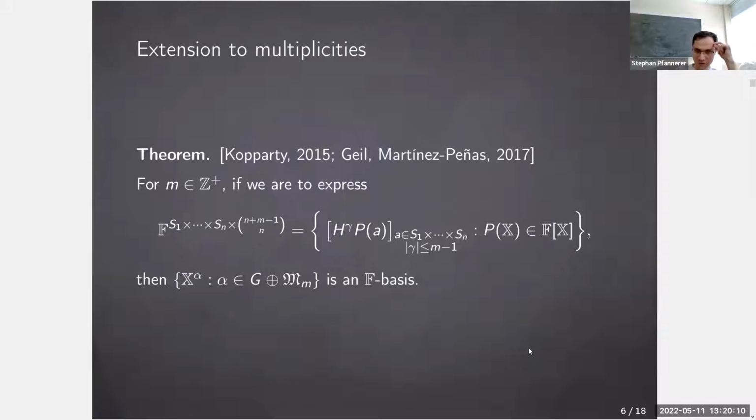Right. That's a nice question. Yeah. So the standard form says if you have a non-zero polynomial in the span of these monomials from G sum M sub M, then there is a point and there is a derivative corresponding to which, when you take the derivative of the polynomial at that point, the evaluation is non-zero.